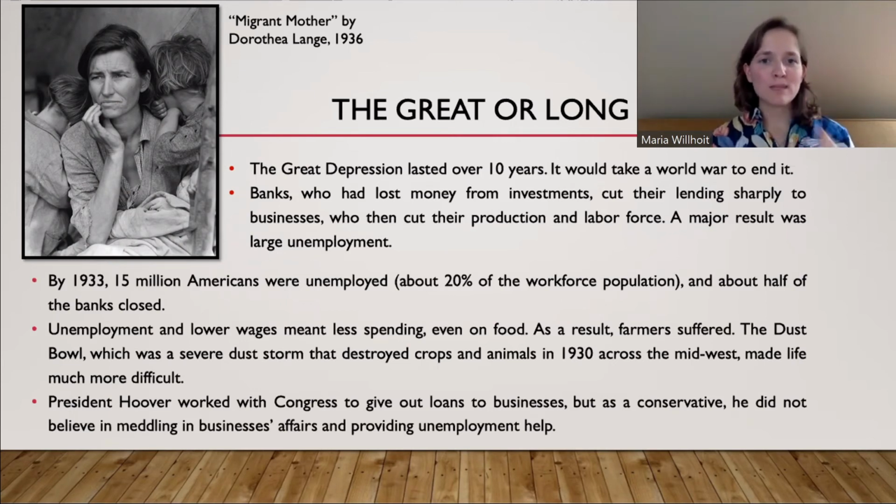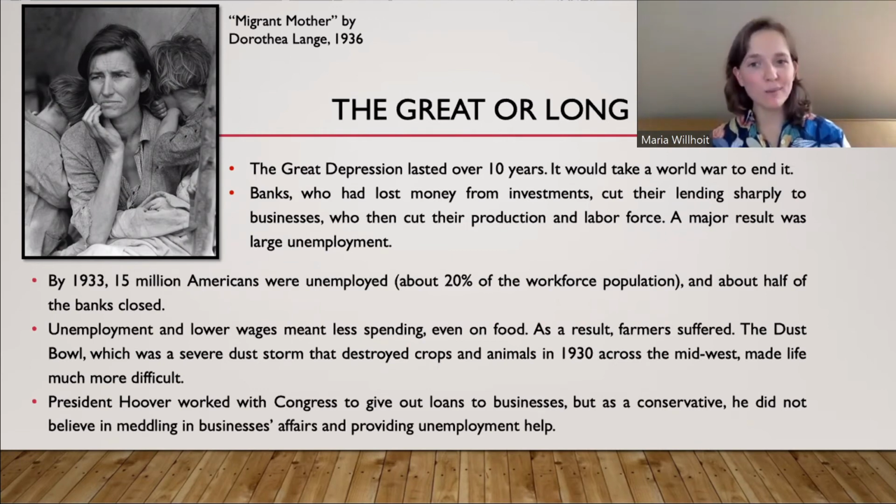And what made it so difficult is banks lost money from their investments because the stock market crashed. They lost money. They became even more conservative to lend money. They stopped lending money actually to businesses. And you need some loans if you're a business to help grow your business, to start your business. And when the banks cut their lending, businesses then cut their production and their labor force.